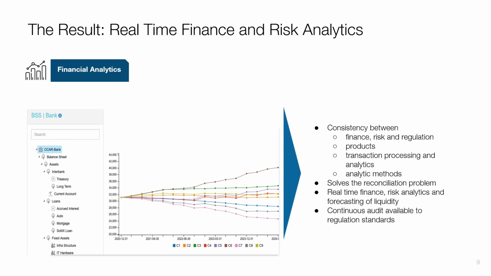We have consistency between finance, risk, and regulation, different financial products, transaction processing and analytics, any analytic methods, which really solves the current reconciliation problem which all banks experience that have grown through mergers. It makes consistent real-time financial and risk analytics and continuous audit a reality.